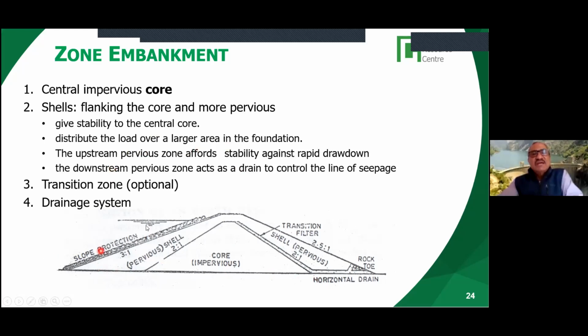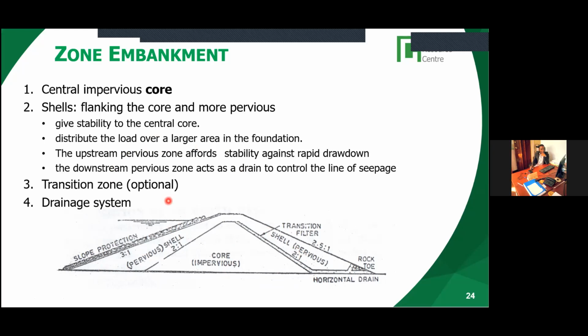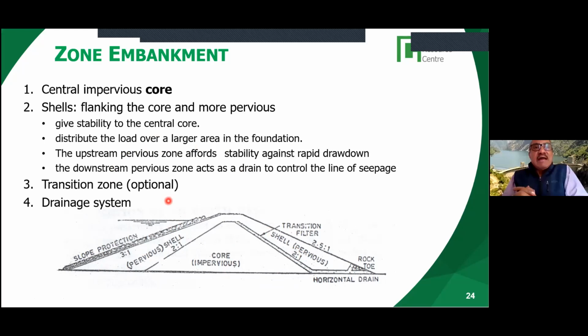Since the load is distributed over a larger area, the upstream pervious zone affords stability against rapid drawdown. What it really means is that sometimes if the water level is rapidly lowered, then if this is dry, there is some problem of erosion on the upstream side.